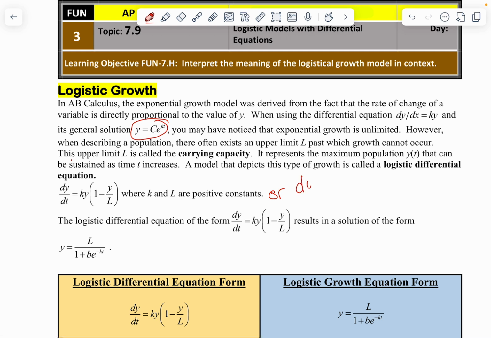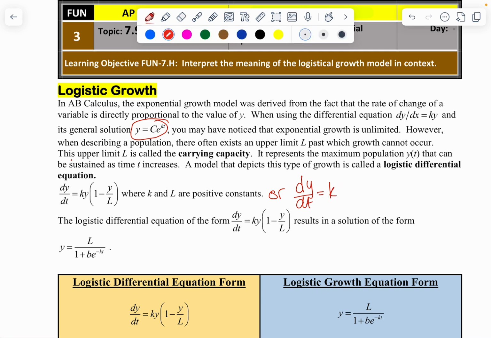It is dy/dt is equal to k times y. Sorry, I tend to use P a lot because we use population when it comes to this model. And then here it's going to be L minus P, L minus y, sorry. It's the same thing as this equation right here, right? It's the same thing, except instead of having y and dividing out an L, right?